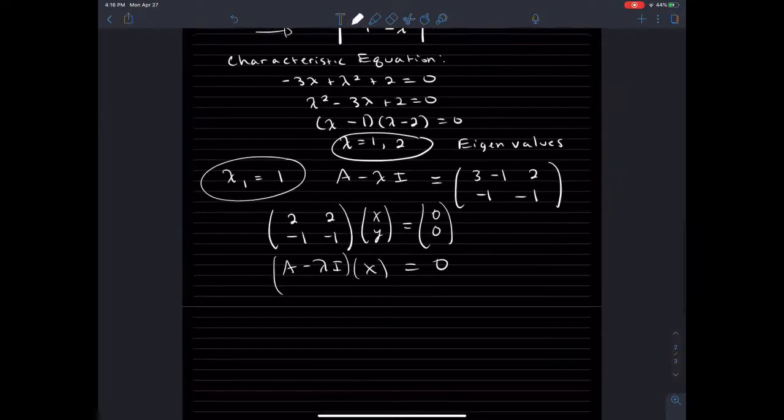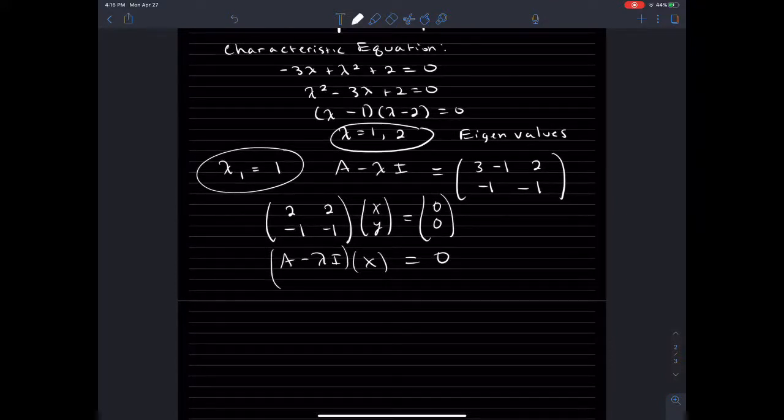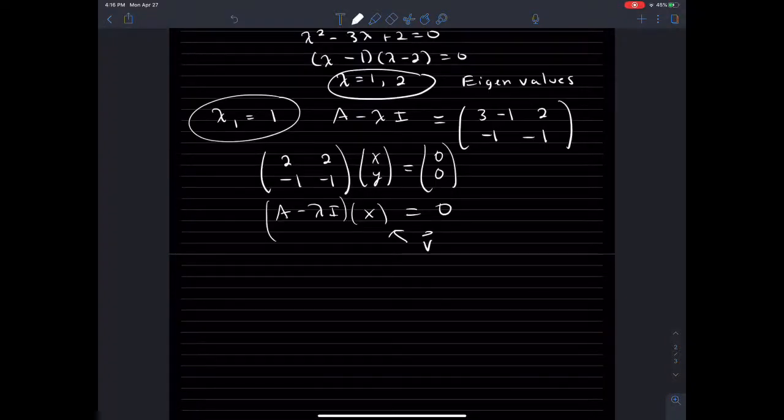Okay, so that's what we have here. And now we need to solve it. This is my v. We can see here that 2, 2, minus 1, minus 1 does reduce to 2, 2, 0, 0, okay?